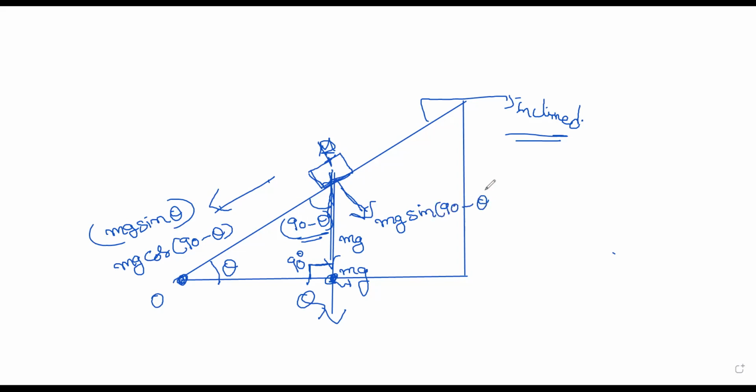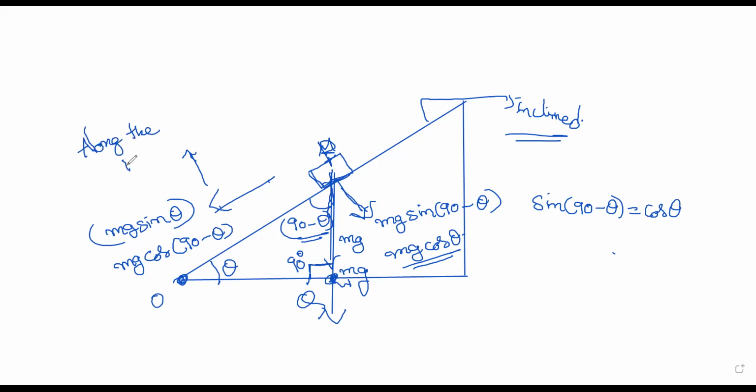You know that sin 90 minus theta is nothing but cos theta. So mg cos theta is what you are going to get. That's how you resolve it into components. This is along the incline, and this is perpendicular to the incline. So this is how you resolve the components along the incline and perpendicular to the incline.